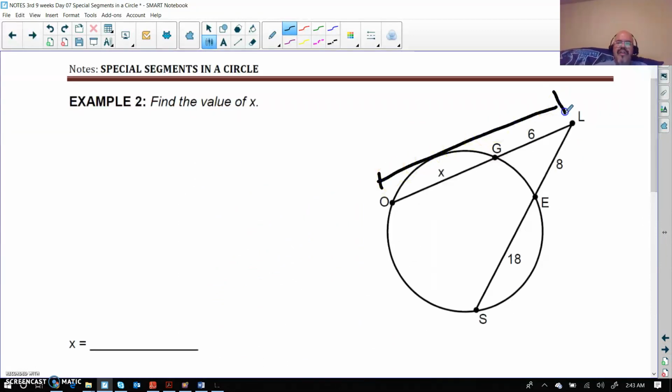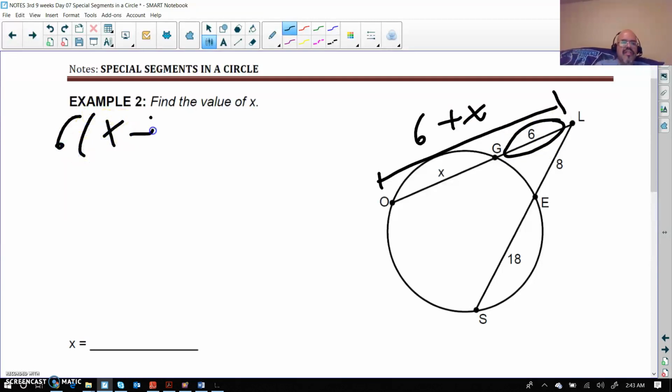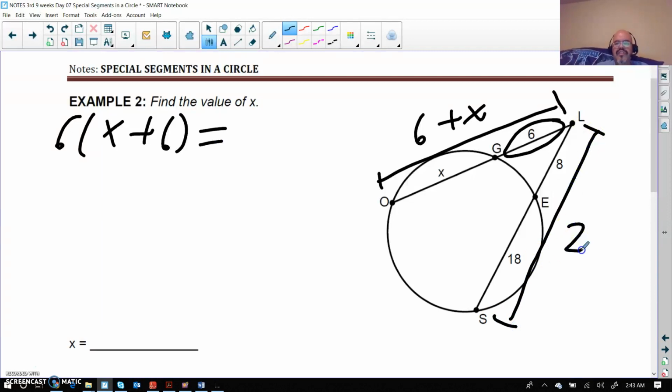So let's start right here. The length of the entire segment here is 6 plus x. And the outside is 6. So we have 6 times x plus 6 is equal to, well, the length of this entire segment is 26, so that's 8, which is the outside part of the segment, times 26.